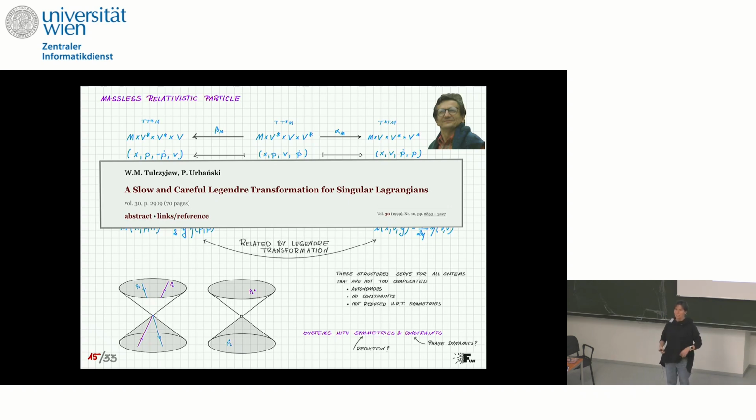I think it was not even a discussion, it was a war, insulting each other in public. Tulczyjew was once advised that while doing Legendre transformation, he should be slow and careful. So he decided, okay, I will be slow and careful, and this is the result of the paper.